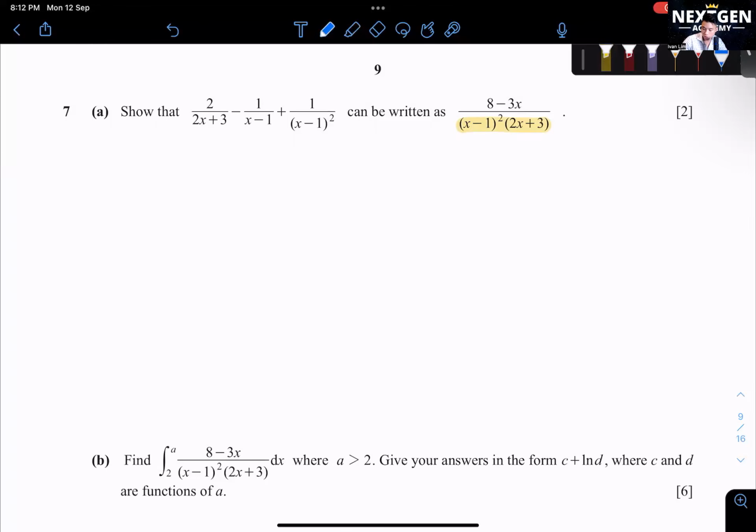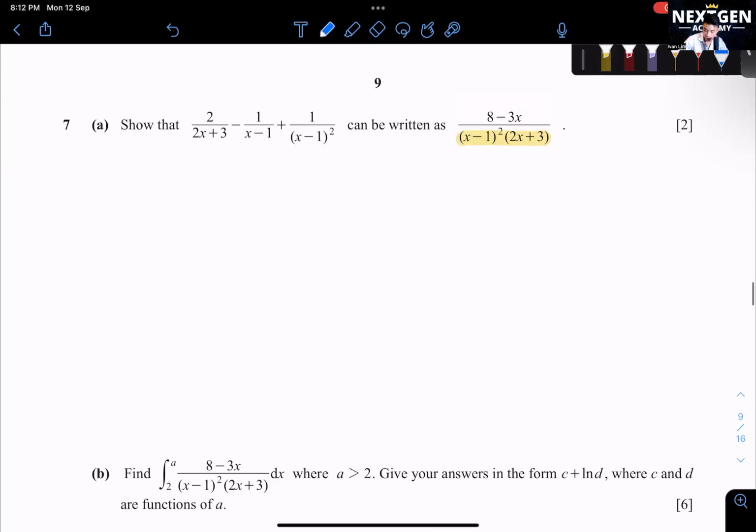So you just make it all the same denominator. My first value, I need to multiply it by x minus 1 square, so 2 times x minus 1 square. Then over here, I need to times 2x plus 3 and x minus 1, then plus 2x plus 3, because I want to make it all the same denominator.